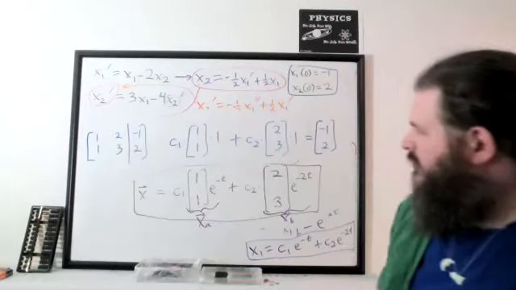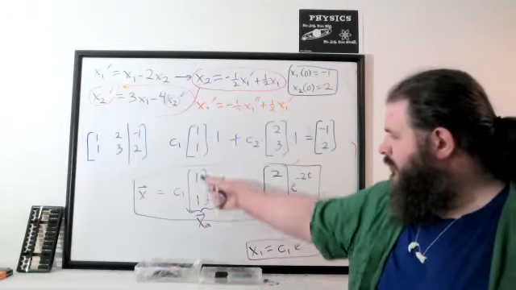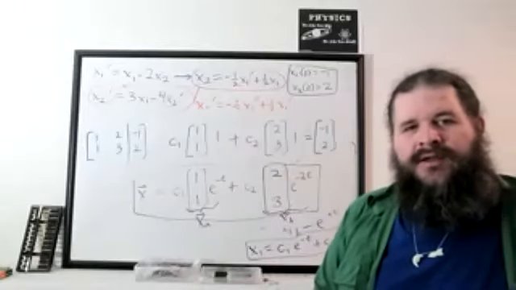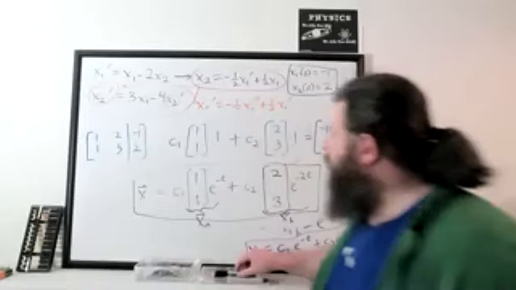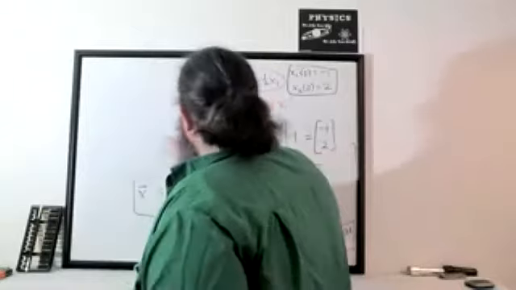All right, then let's take a look at the idea of linear independence, because we have two solutions, (1, 1) e to the negative t and (2, 3) e to the negative 2t. If we want to check if those count as linearly dependent or linearly independent, let's go back to the original definition from linear algebra.